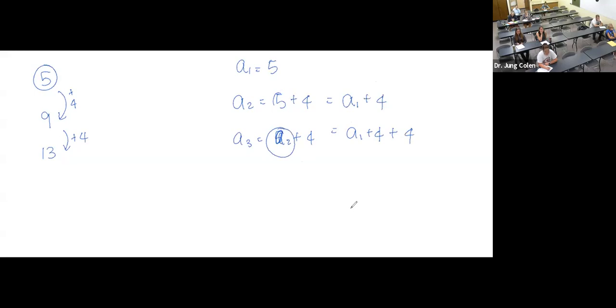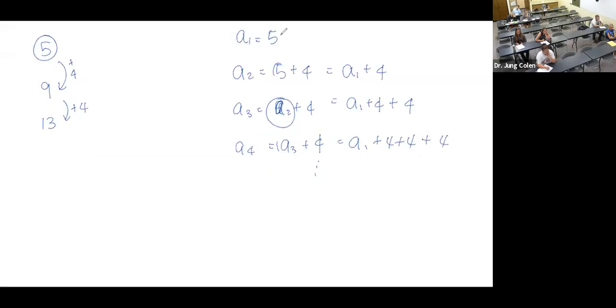Are you following? And a sub 4, the fourth term, is what? Third term plus 4, isn't it? So my third term is this whole thing, a sub 1 plus 4 plus 4. That's the third term, and I'm going to add 4 more to that. If we keep doing that, we can find the pattern here. So I have a sub 1, a sub 1 plus 4, a sub 1 plus 4 plus 4, but I can change this to what?